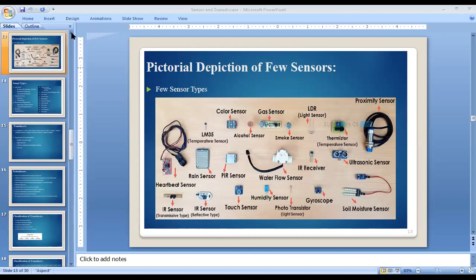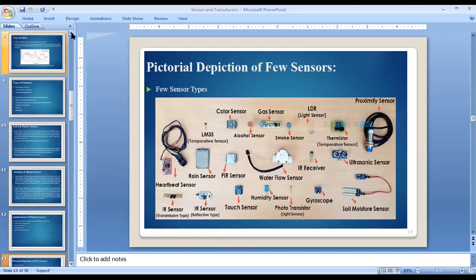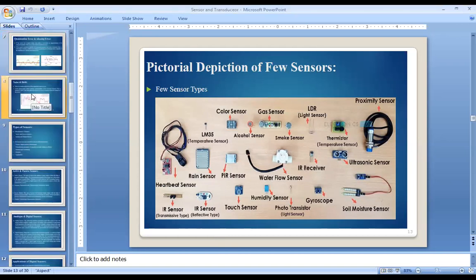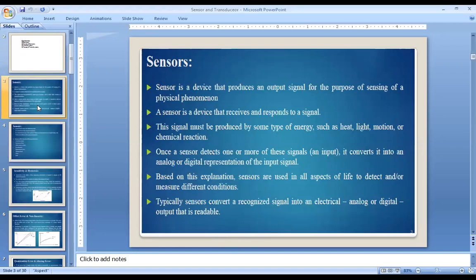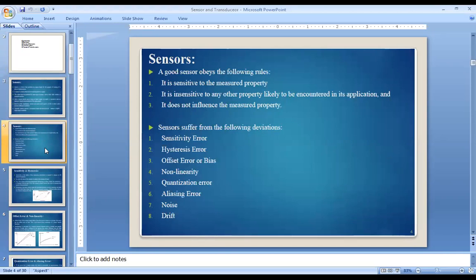Based on their application they are classified into different types. Different factors produce error, that means the sensor suffers deviation: sensitivity error, hysteresis error, offset error, nonlinearity, quantization error, aliasing error, noise, and drift.